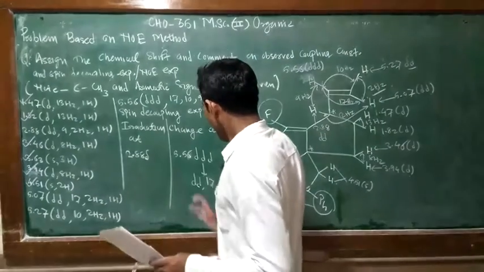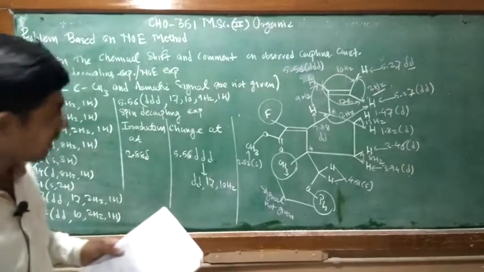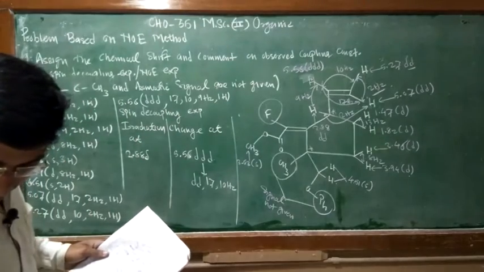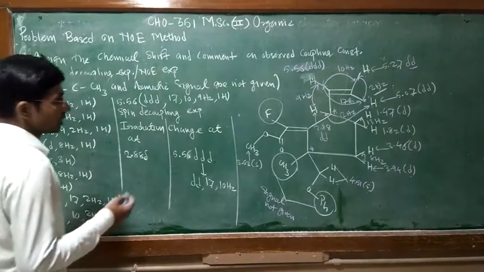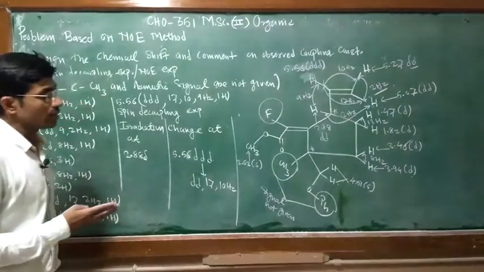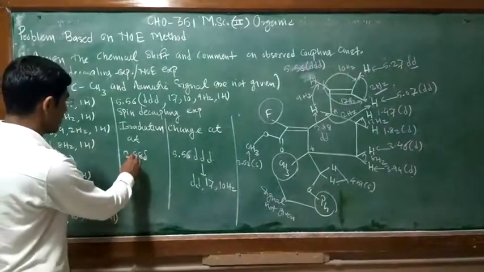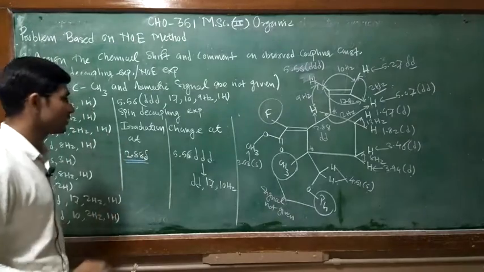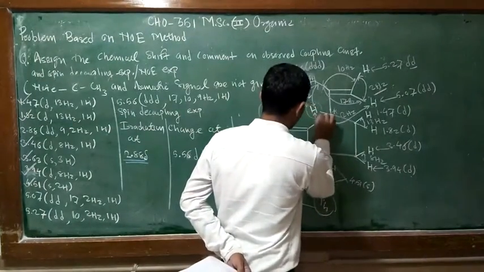After that we have to apply a spin decoupling experiment. With the help of the spin decoupling experiment we can analyze whether our assignment of signals is correct or not. So consider irradiation at 2.88. Suppose you irradiate the proton at 2.88.